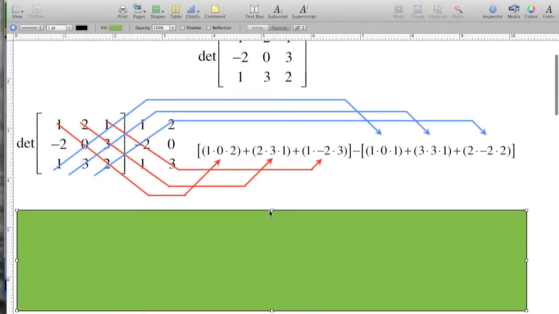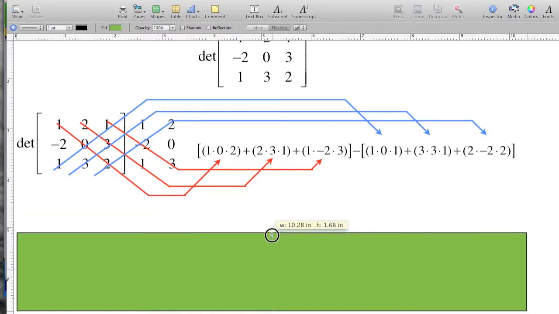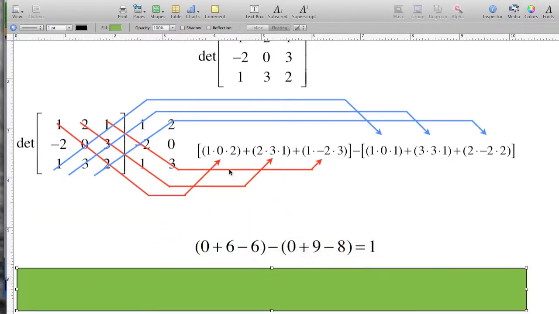Once you've got that completed, you will add or subtract if your values turn out to be negative, like in this case. So we'd end up saying 0 plus 6 minus 6. That negative sign just simply comes down. We have 0, we have 3 times 1, which would be 9. And then 2 times negative 2 times 2, which would end up being negative 8. Combine all these values, and then we do a subtraction at the end.